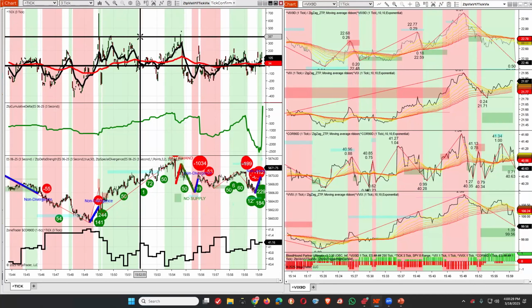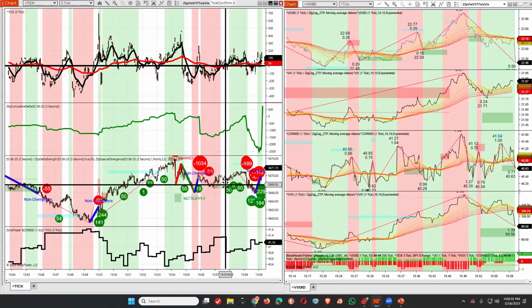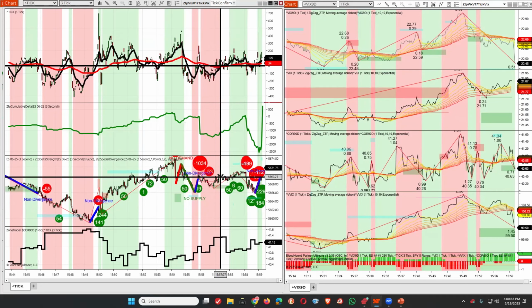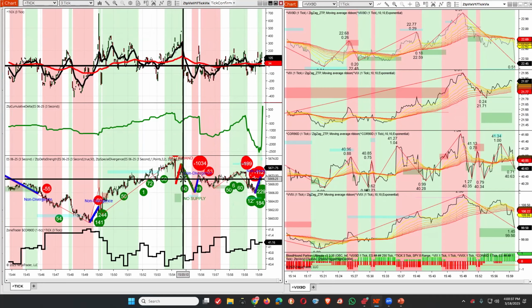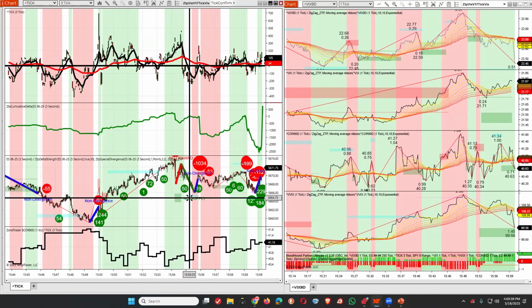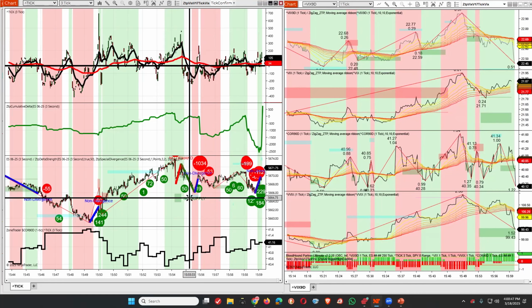I have my VIX information, my tick information, my large lot information, and I also have this divergence information. So I do try to put a lot of stuff in front of my eyes where I will see it, because screen space to me is precious.